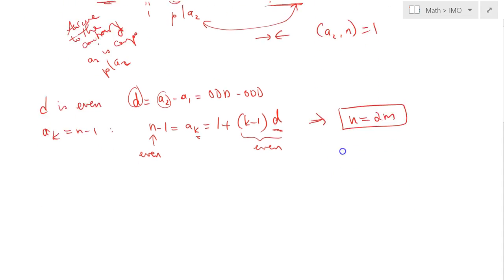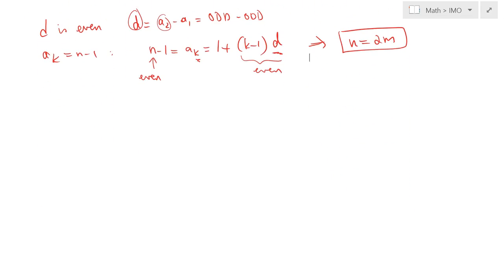Now we are getting more and more information about our sequence. When you look at our arithmetic progression, I claim that it must be symmetric with respect to m, being the middle.